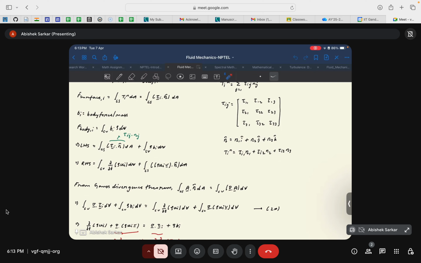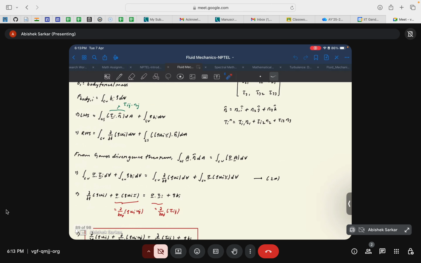Now the body force is a much simpler analysis. We consider b_i to be the body force acting along the i direction per unit mass. So rho times the volume integral over the control volume gives us the total body force acting along the ith direction.